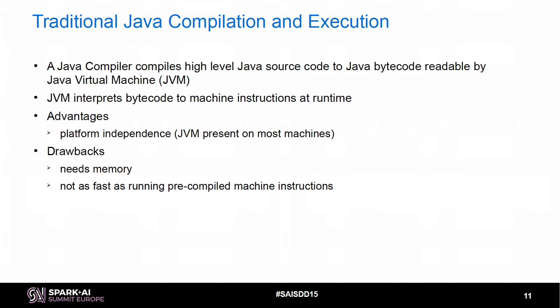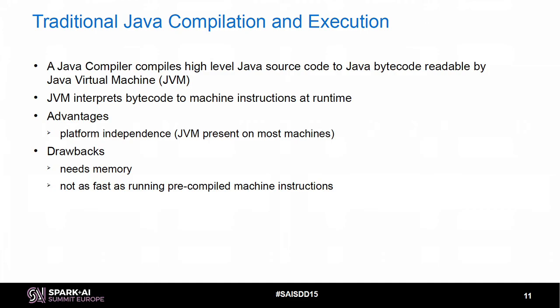Okay. We have now looked at some background about the Catalyst optimizer. Now, let us recollect how the JVM works. As you all know, Java is both compiled and interpreted.